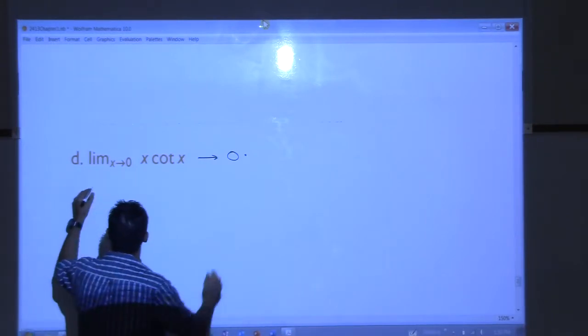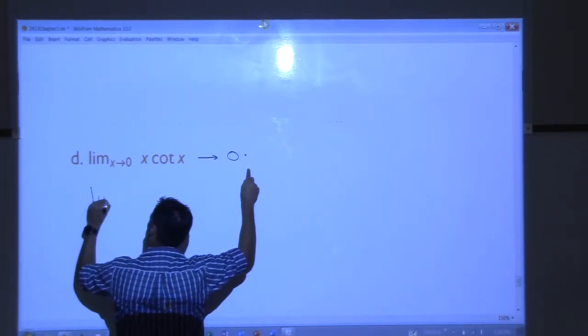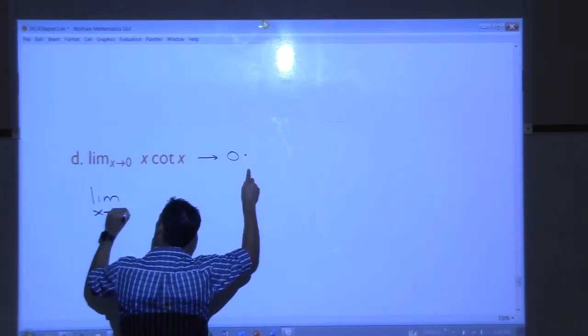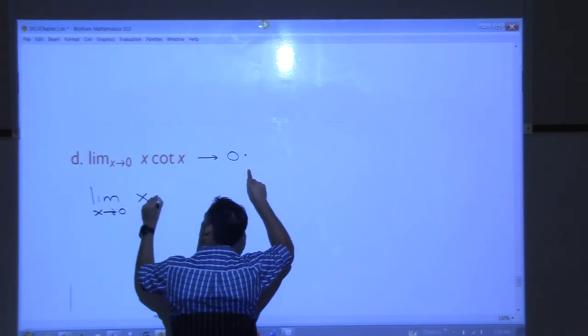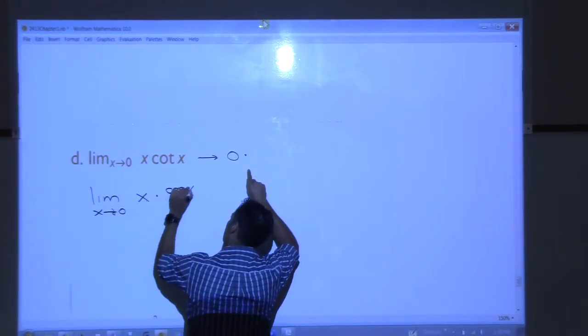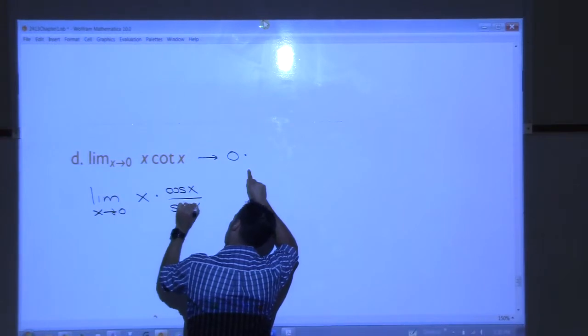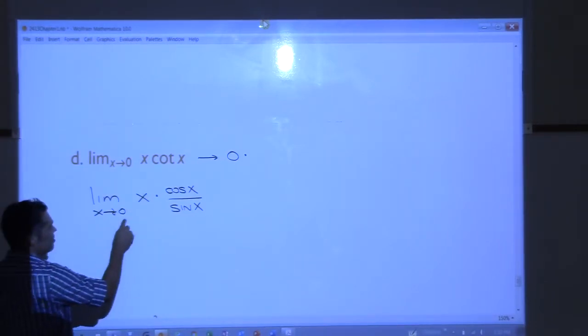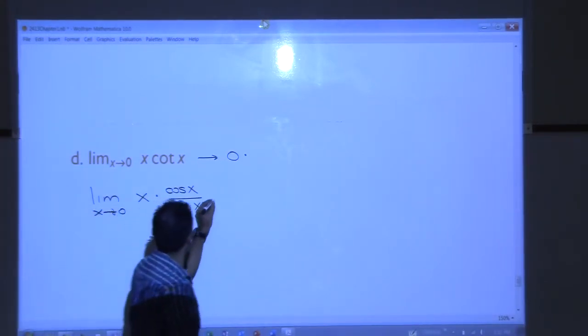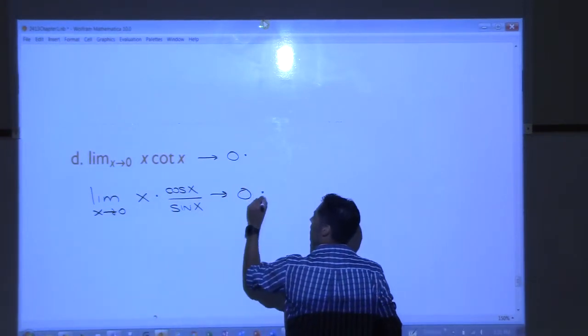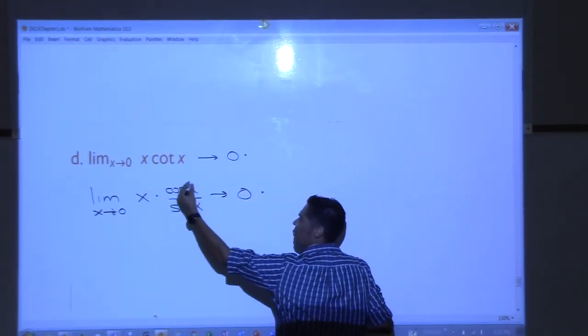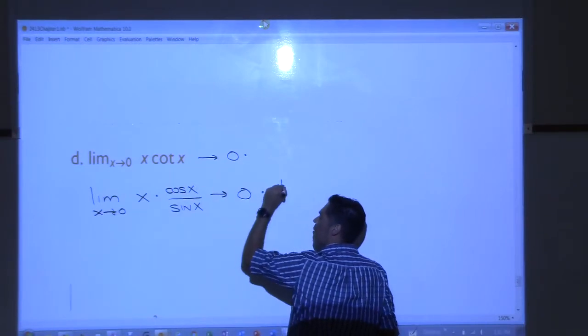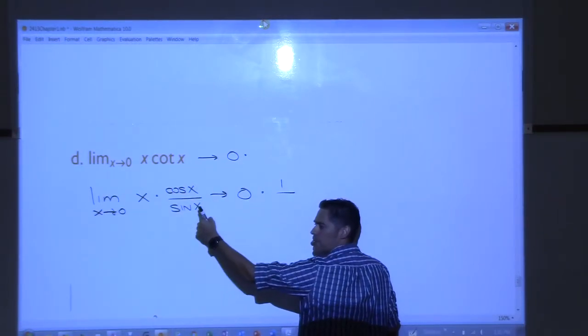So I'm still not sure what's happening here, but I know I can rewrite this as cosine x over sine x, right? Now maybe we can determine what's happening. If you let x go to 0, cosine of 0 is 1 over sine of 0 is 0.